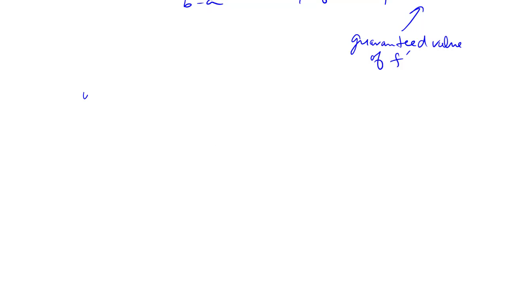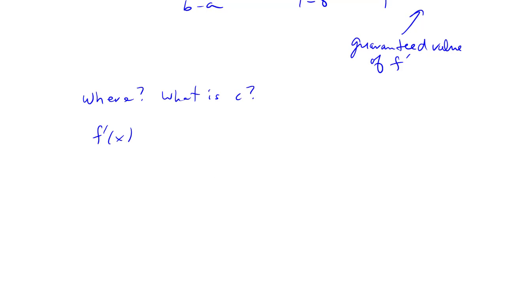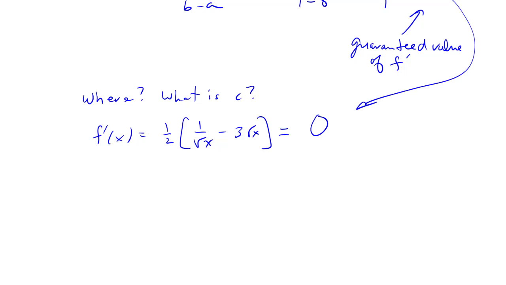All right. So where does that happen? In other words, what is our c, or what are our c values? Well, in that case, we just take the derivative that we had, which was 1/2 times 1 over the square root of x minus 3 times the square root of x, and set it equal to this guaranteed value of 0.